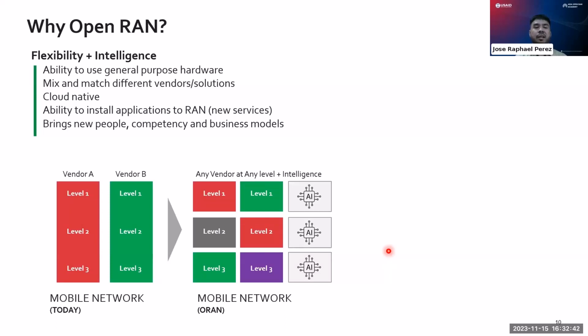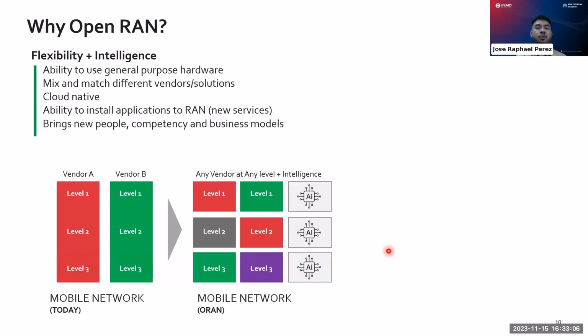Also, we can mix and match different solutions, depending on which is the best from the batch of solutions per component. And also, our software is now running on a cloud-native environment, meaning it's now software-defined and more future-proof, to say.